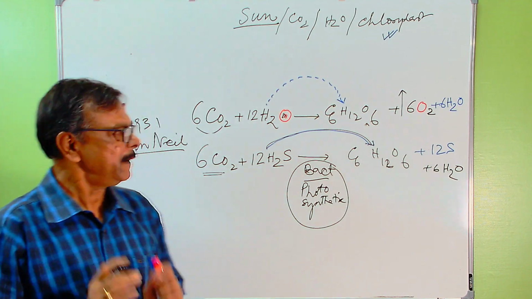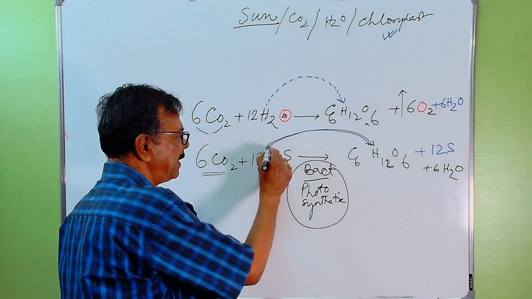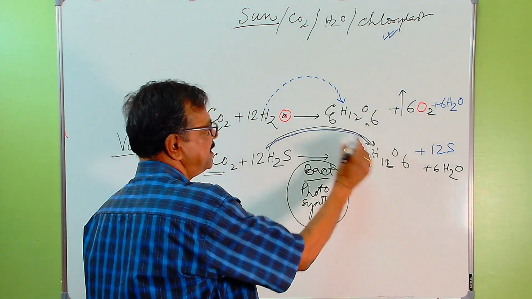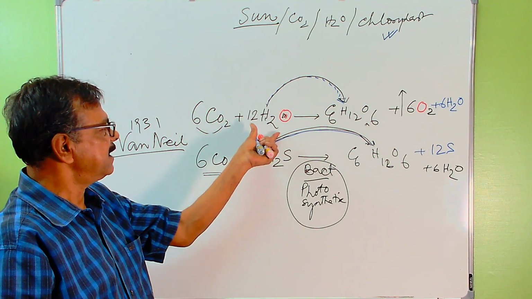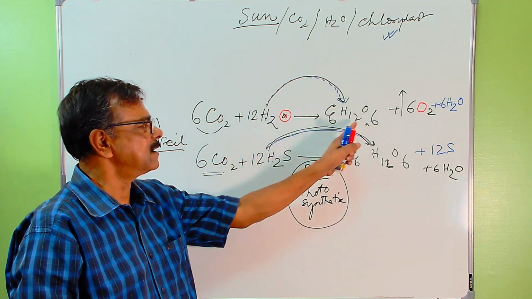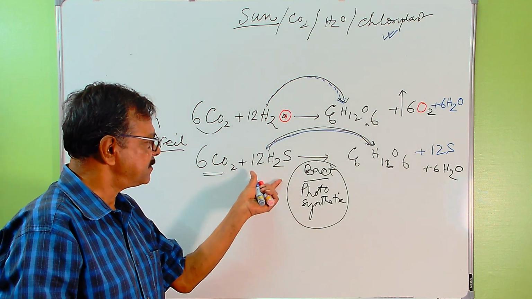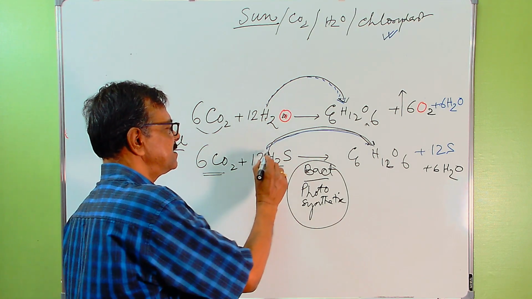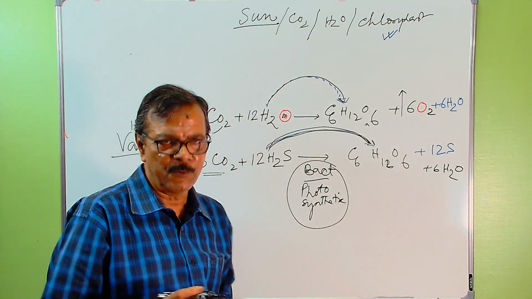So what we have seen, the main thing, is how hydrogen is reducing the CO2. In the plant kingdom, water is the source of hydrogen for reduction of CO2, and in bacteria, hydrogen sulfide is the hydrogen donor to reduce the CO2.